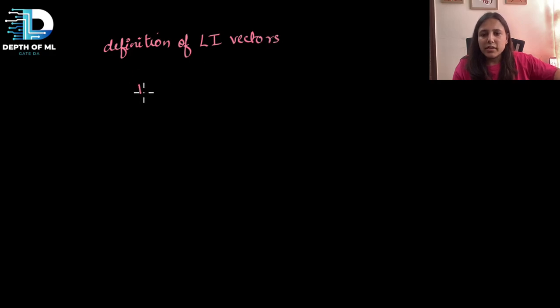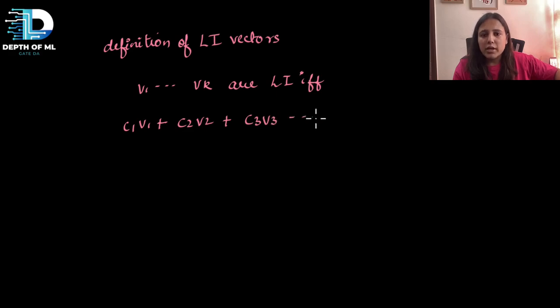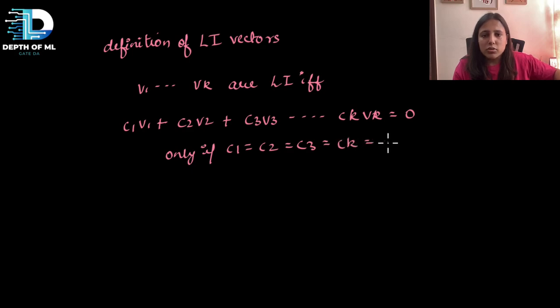So we say that vectors v1 to vk, for example, are linearly independent if and only if c1 v1 plus c2 v2 plus c3 v3, and so on, up to ck vk, add up to 0 only if c1 equals c2 equals c3 equals ck equals 0.